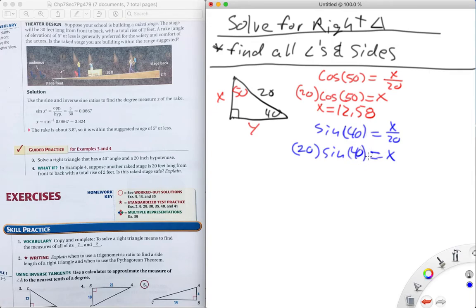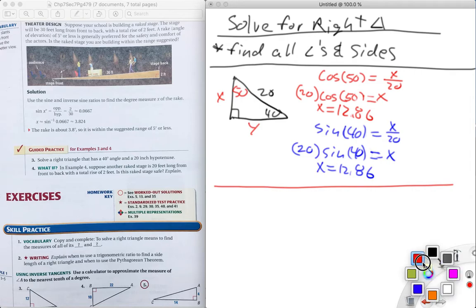Alright, sine of 40. Yeah, x equals 12.8586. Yeah, 12.86. So this guy's a little off. 12.86. Okay.